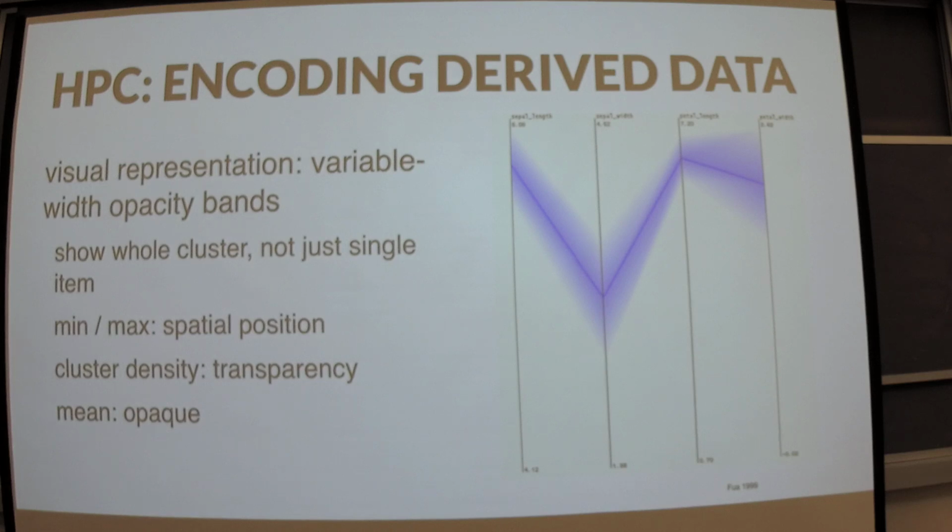And here is a more extreme case. This is called hierarchical parallel coordinates. Instead of showing all the data sets, we really only show the centroids plus some kind of faded band around it to show roughly the distribution around the centroid. So here we're showing the cluster, not individual items, and the density of the cluster is encoded in transparency.